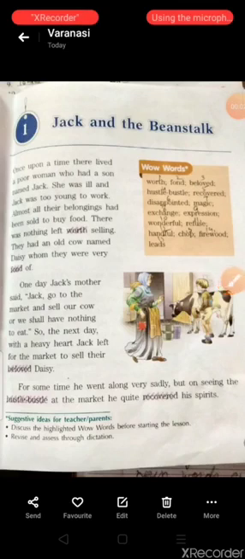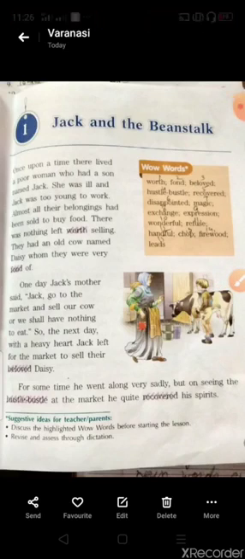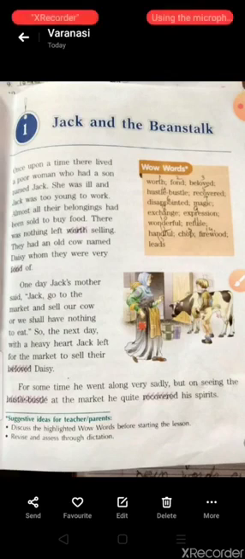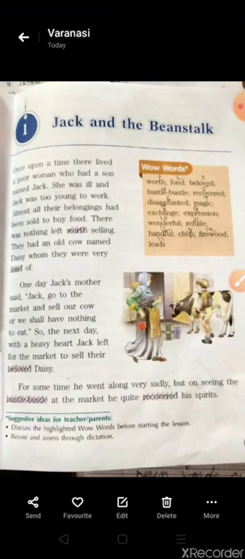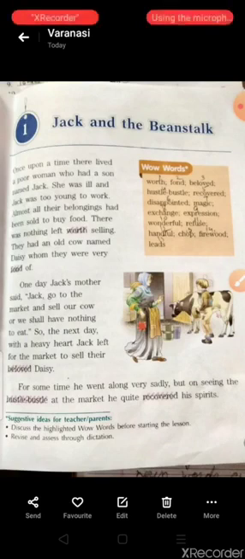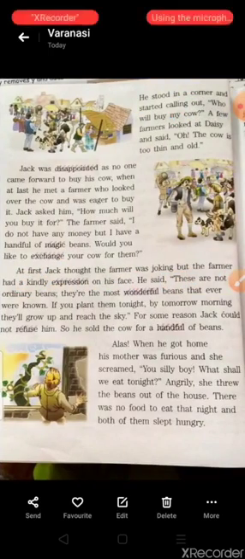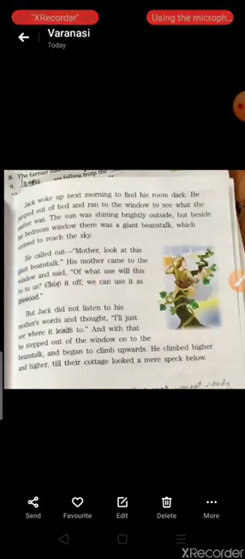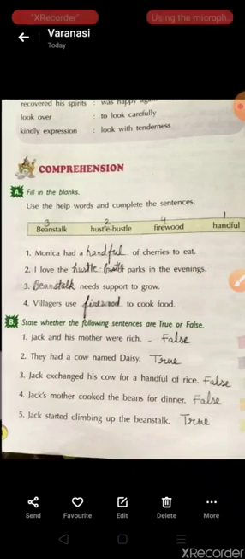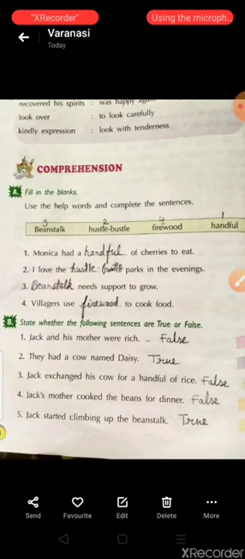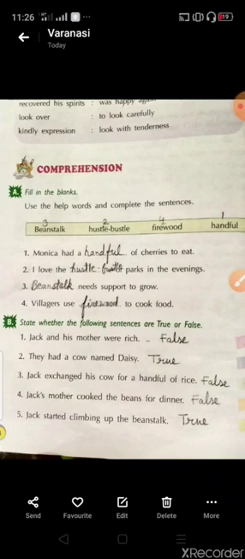In the earlier video of the chapter, the image was not clear, so I am sending it again for your reference since you do not have the textbook. So read page number 1, page number 2, page number 3, and these are the comprehension.